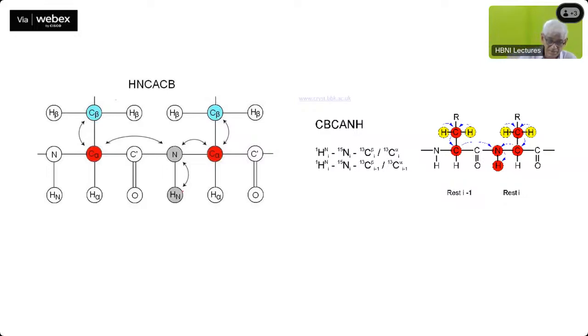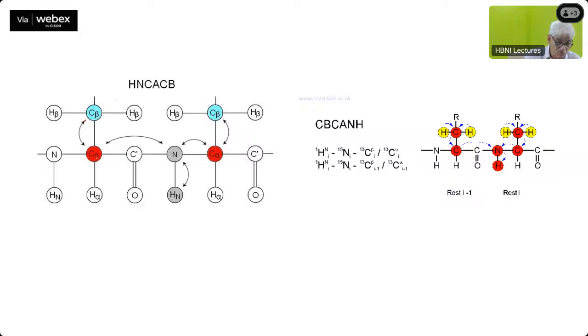If I look here, this is HNCA CV. It starts from the amide proton and goes to the nitrogen 15. And then from this nitrogen, it goes to the C alpha, as in the case of HNCA. And then from the C alpha, it goes to the C beta, same here and here.